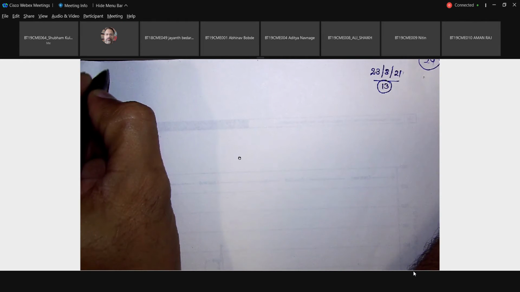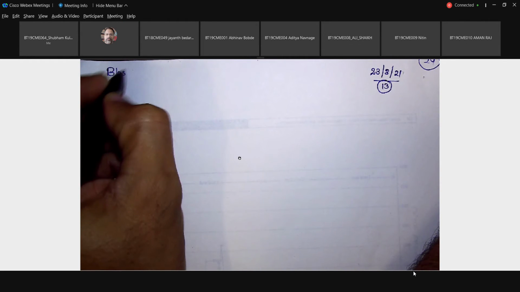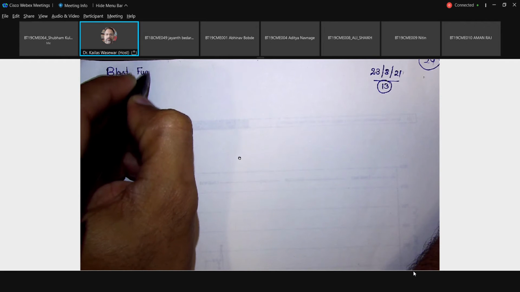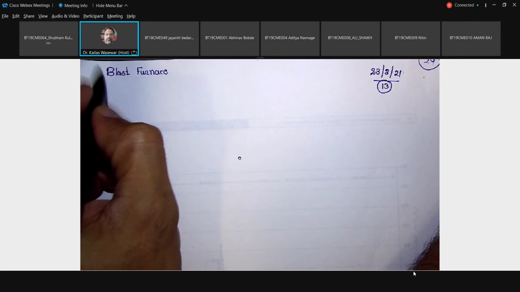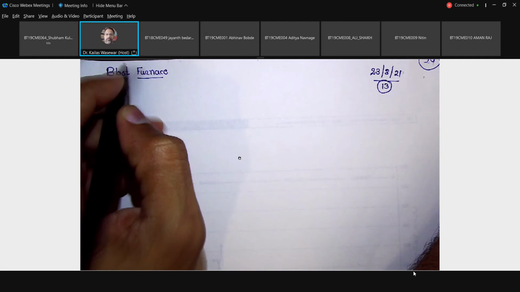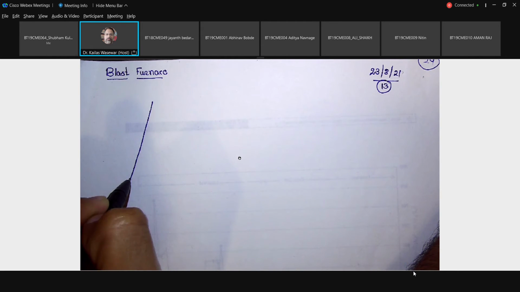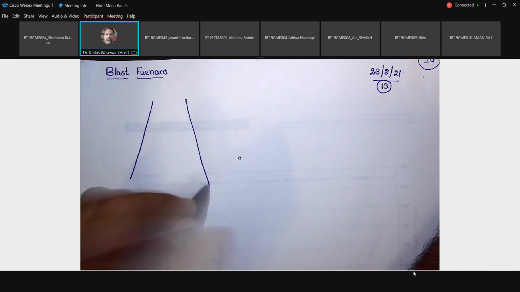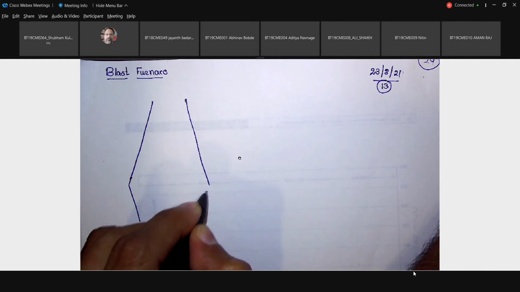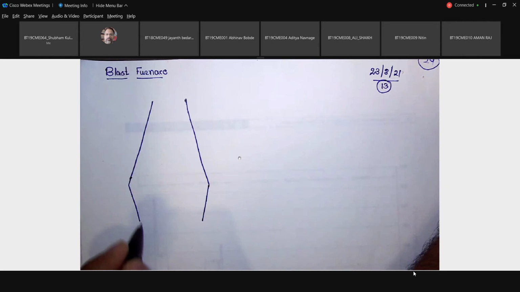It's a kind of a blast furnace; we can roughly draw it.